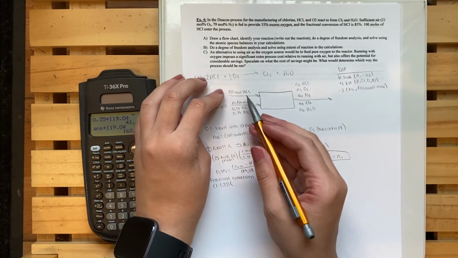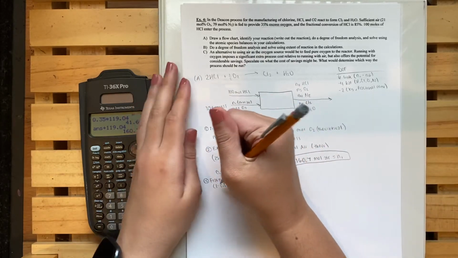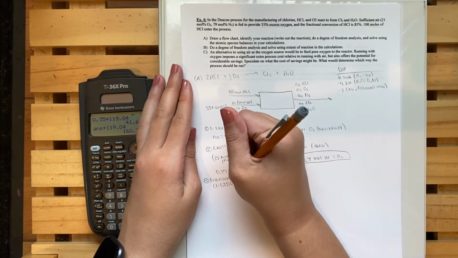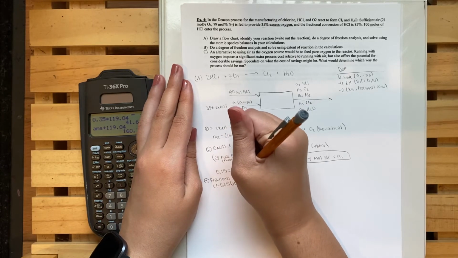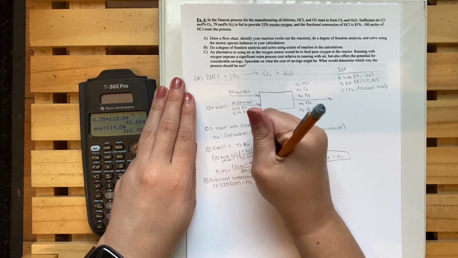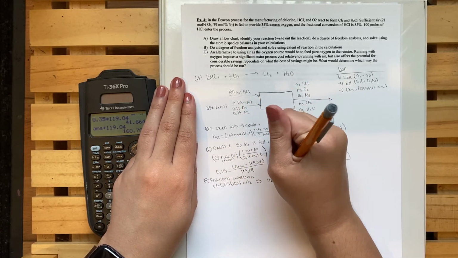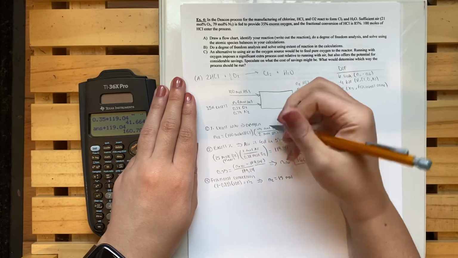So we know that 15% isn't reacting, and that is what is left in the N2 stream. So 1 minus 0.85 times 100 is equal to N2. So we know that N2 is equal to 15 moles of HCl.